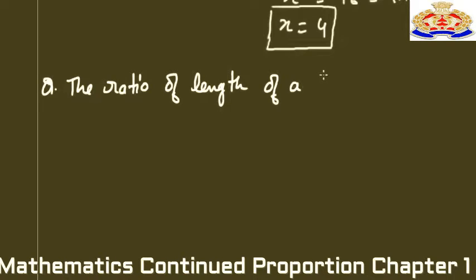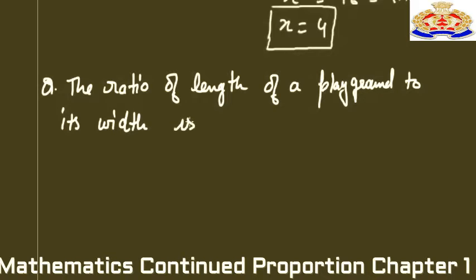Let us see some word problems based on ratio. The ratio of length of a playground to its width is 5:2.